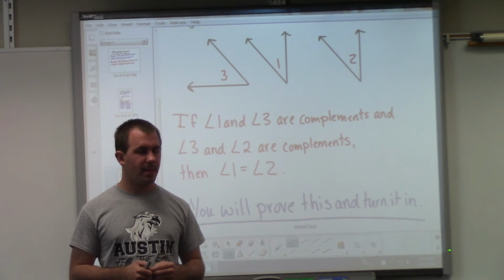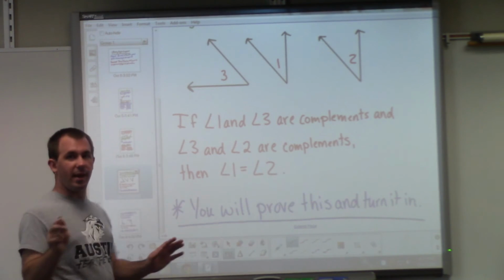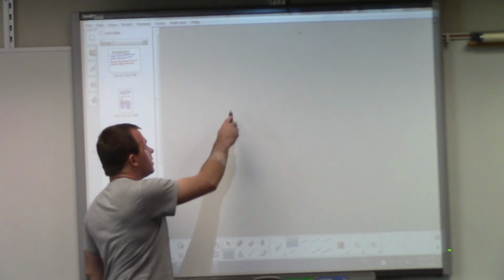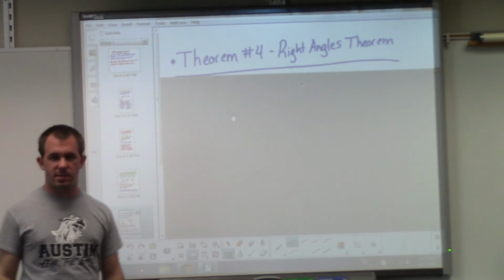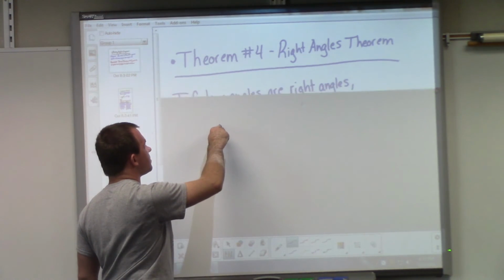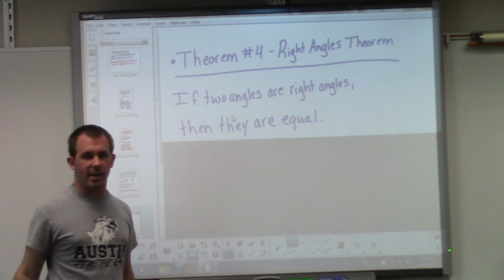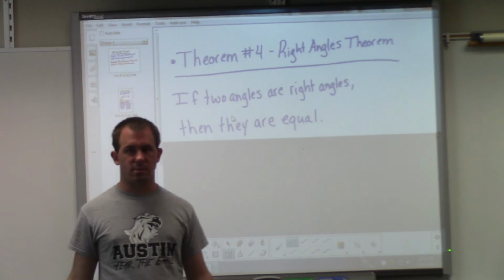One more theorem for today, and then we're done. Theorem number 4, the right angles theorem. This theorem states, if two angles are right angles, then they are equal.